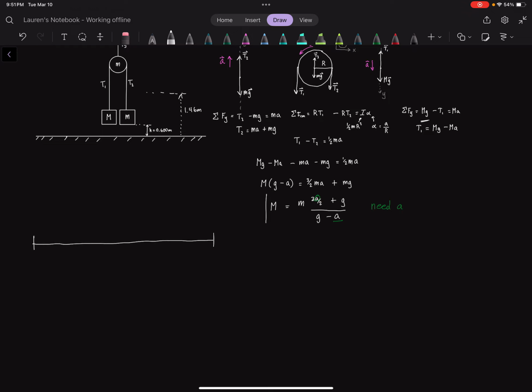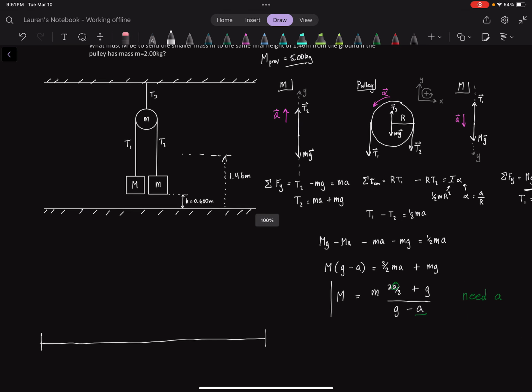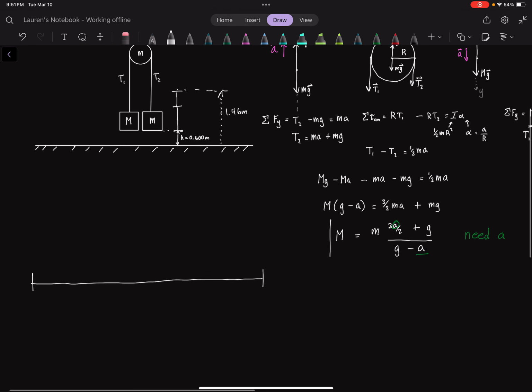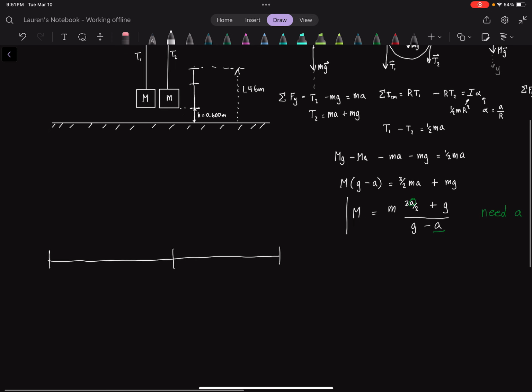This is what I'm going to say. It starts here and goes up a distance h, and then it goes up another little bit to a final height of 1.46 meters. So I'm going to split it in half, even though one's longer than the other.